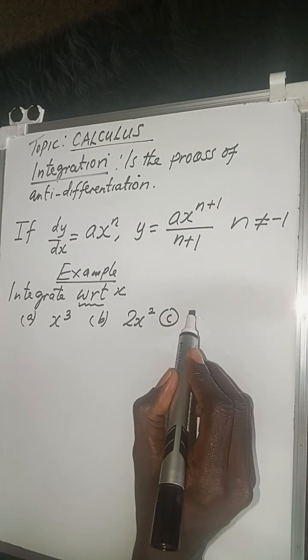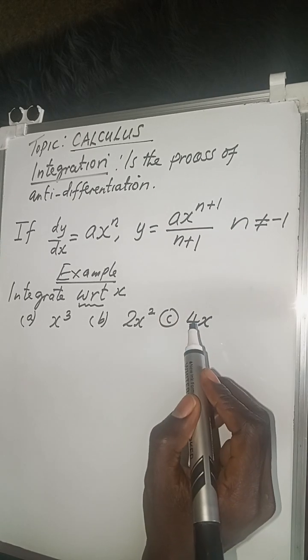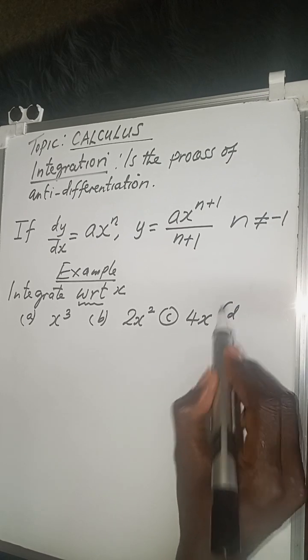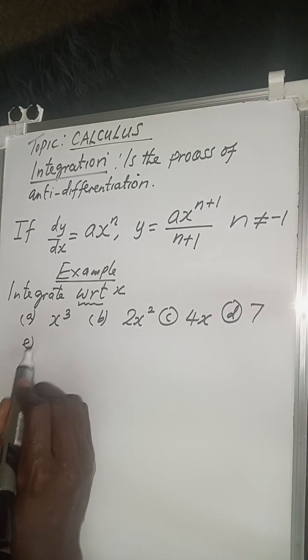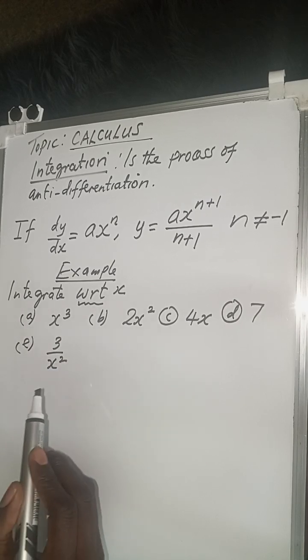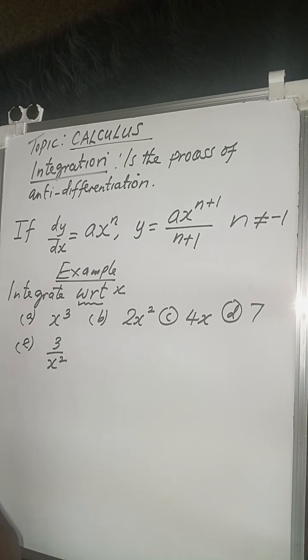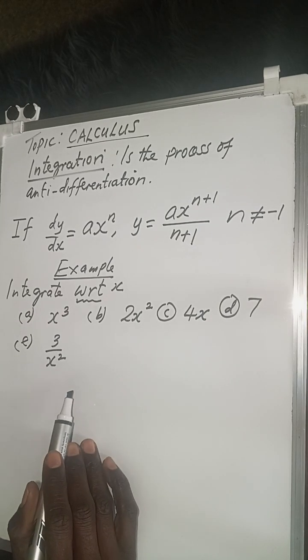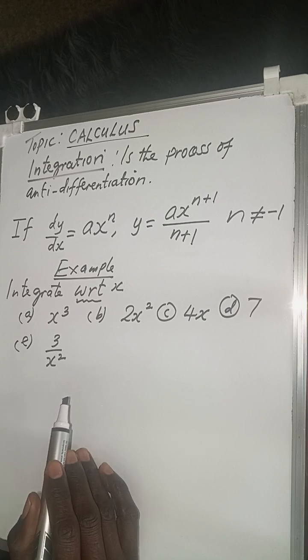Then let me say you have 4x. And let me say that you have d, just a 7. Then e, we can say 3 over x raised to the power 2. And I tell you to simply integrate. I'll highlight some more concepts, you'll be able to see that in just a short while.